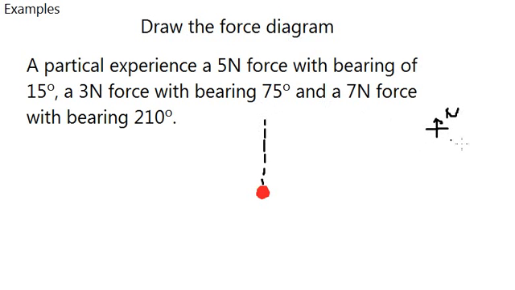So we've got a bearing of 0 currently, and what we need to do is to emerge a line from that particle upwards, 15 degrees from this northern point, and the bearing will be right about here, I think, and that would be 15 degrees.